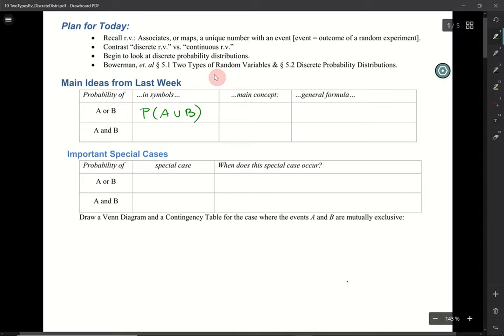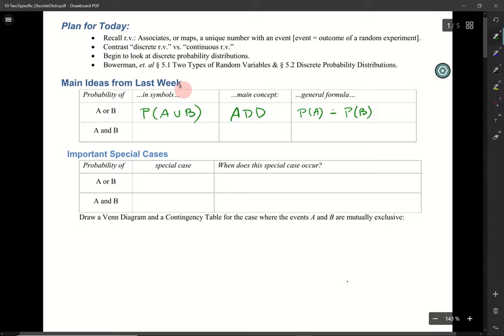And so the main concept about union or is basically you want to add, right? And we had that general formula. There's a probability of A plus the probability of B, and then can you stop there?